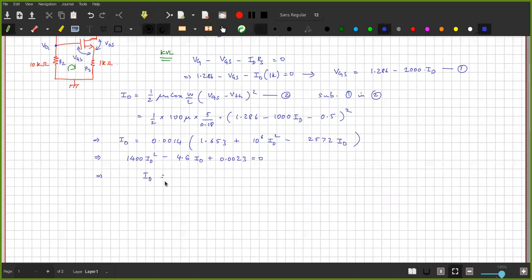Once you solve for ID, you get two values. One is 0.000615 and the other is 0.00267. These are the values I got, and both of them are in amperes, not milliamperes. Now, among these two, which is valid?